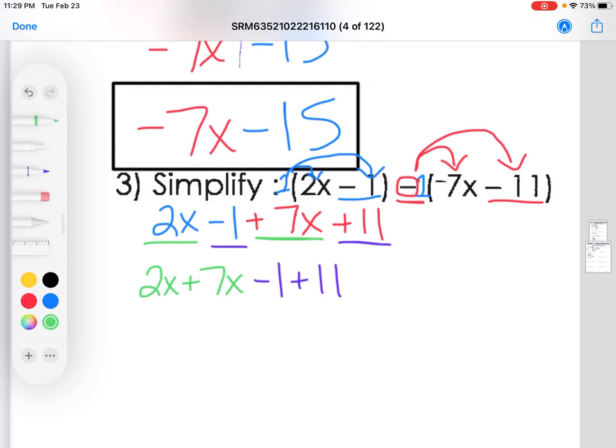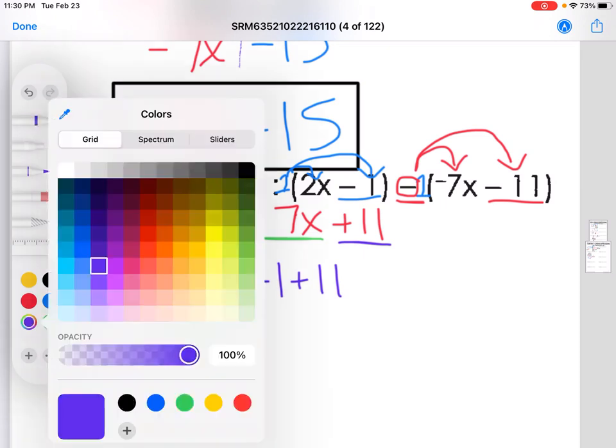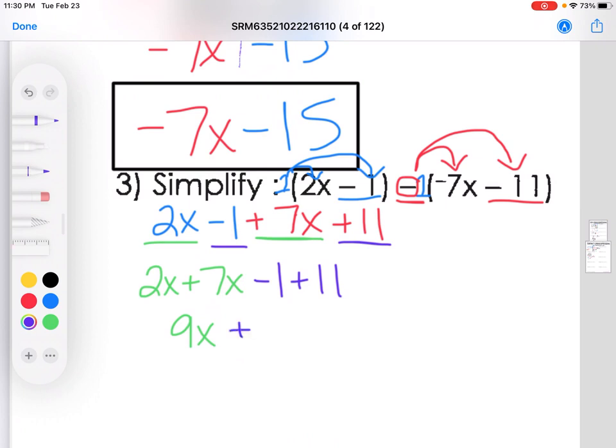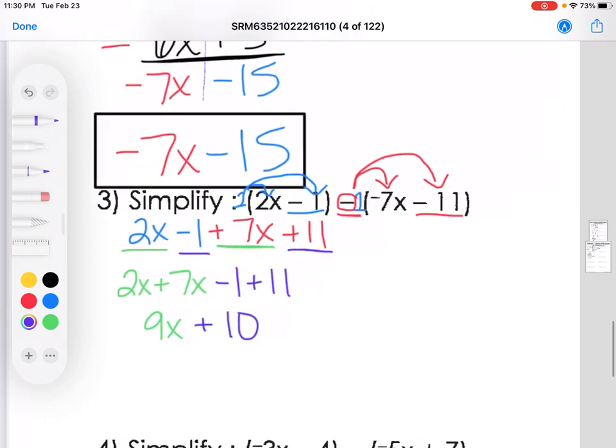So 2x plus 7x is 9x, and negative 1 plus 11 would be positive 10. So my simplified answer would be 9x plus 10.